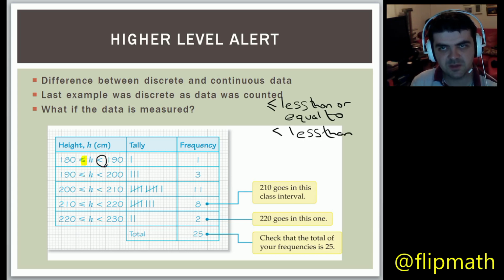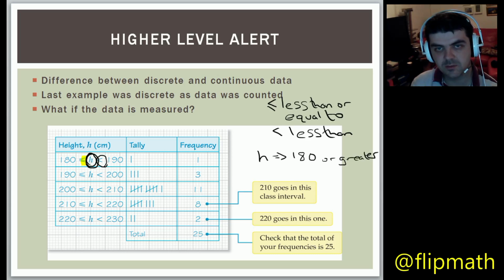So we'll investigate what this means. H is your height. So the height for the person that we're talking about here, this says that 180 is less than or equal to H. So this means that H, and this bit can get quite confusing, is either 180 or greater.